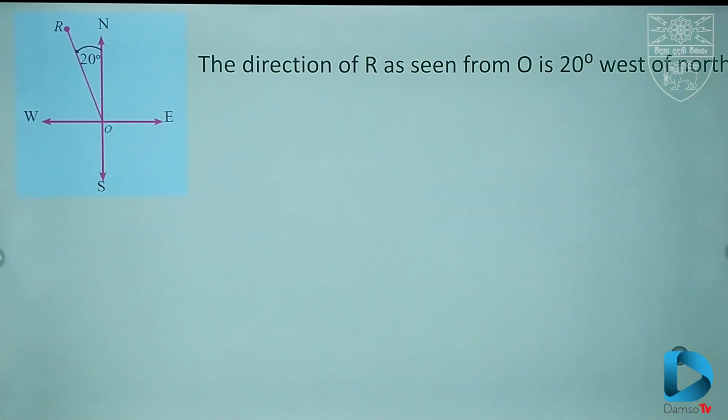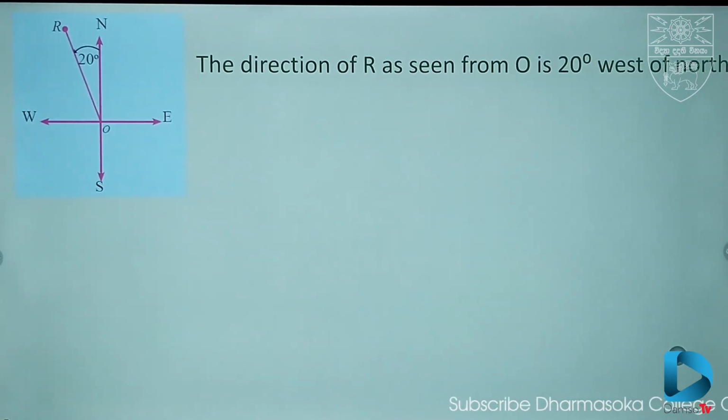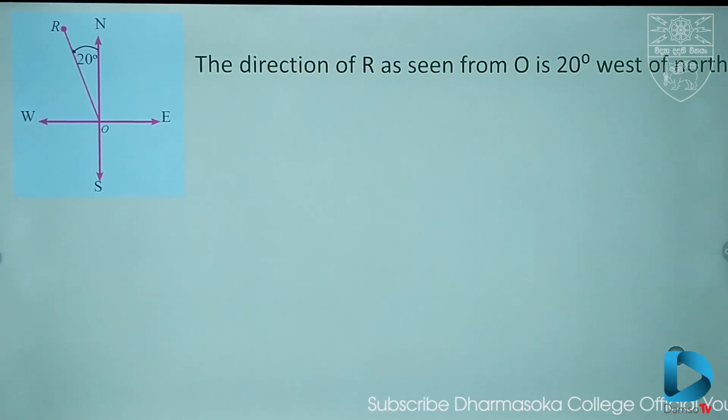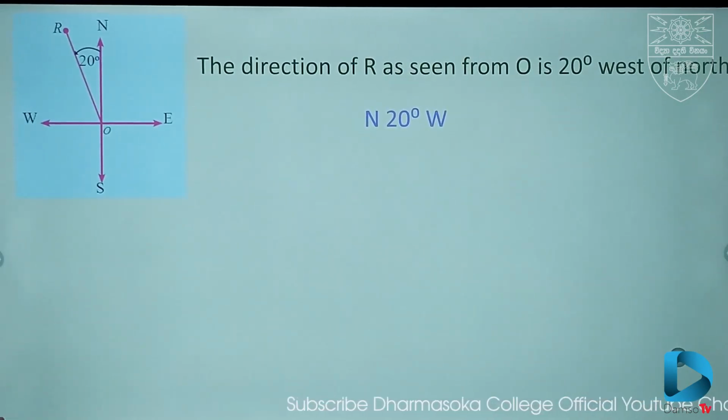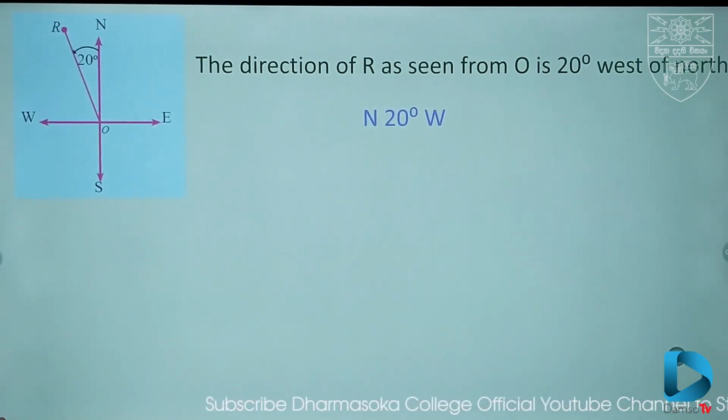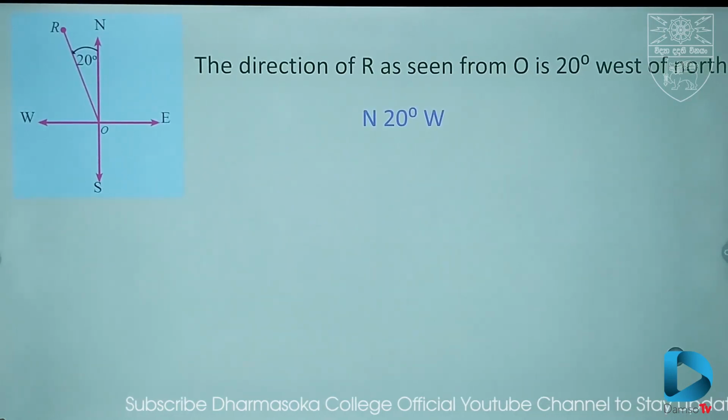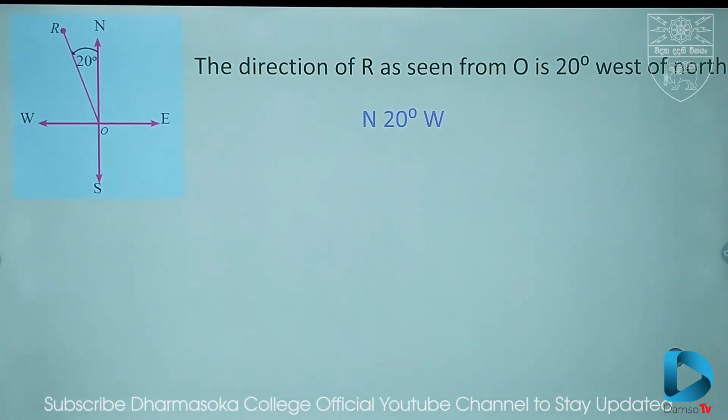Let's see another one. Now look here. The direction of R as seen from O is 20 degrees west of north. 20 degrees west of north. We can write it as N 20 degrees W. N means north, W means west.